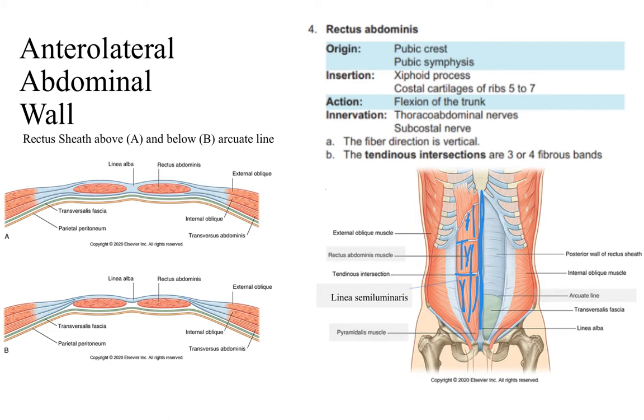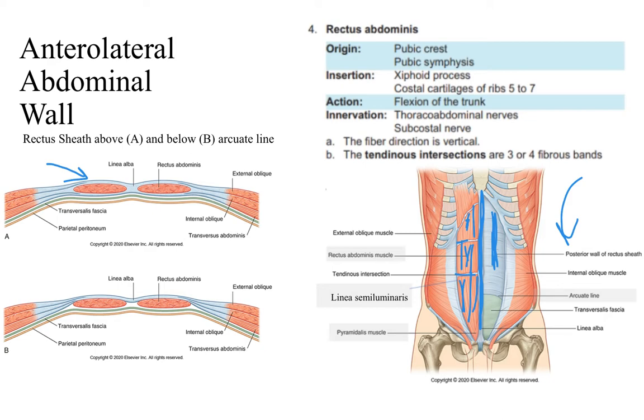And so that means when they contract, what this is going to cause is a flexion of the trunk, allowing you to flex your trunk and bend over. All right, and considering the aponeuroses of the oblique muscles that cover the front, and you can see in this picture right here, cover the front, and then a sheath of connective tissue that's behind the rectus abdominis.